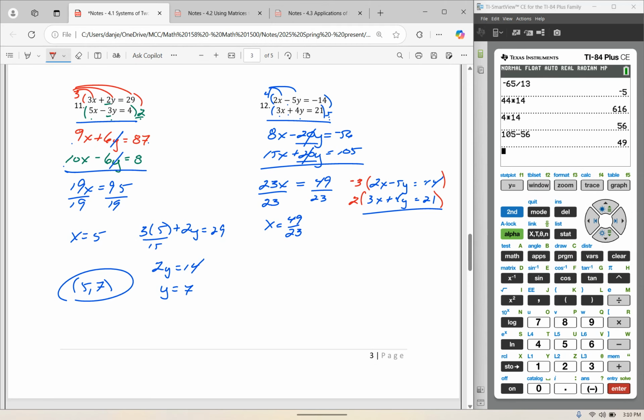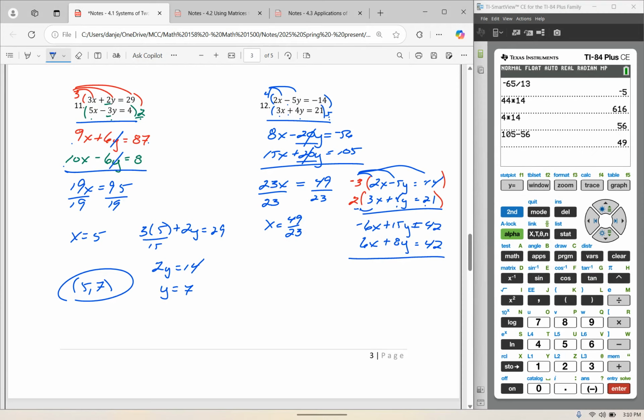Let's make the top one negative. So this would give me negative 6x plus 15y equals 42. 2 times 3x is 6x, 2 times 4y is 8y, and 2 times 21 is 42 again.